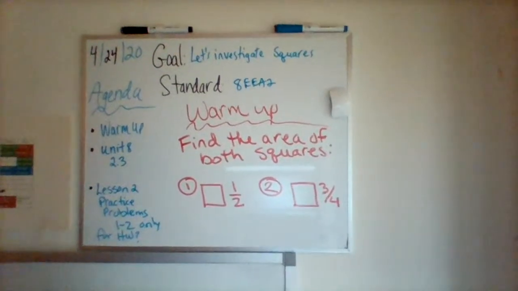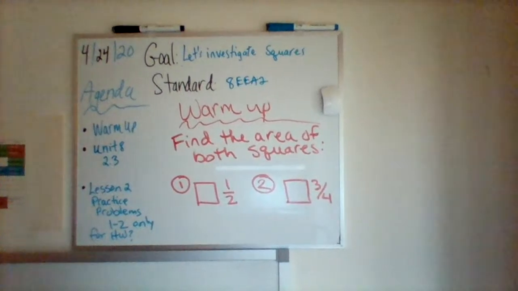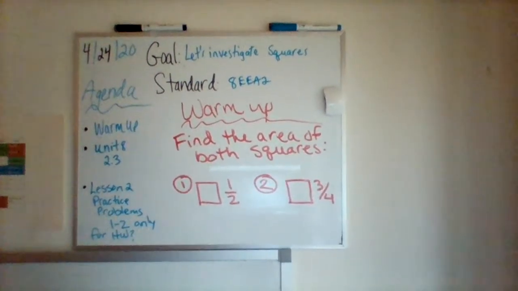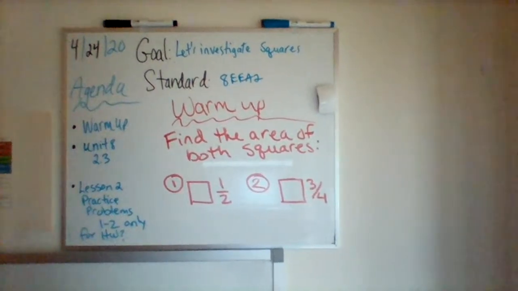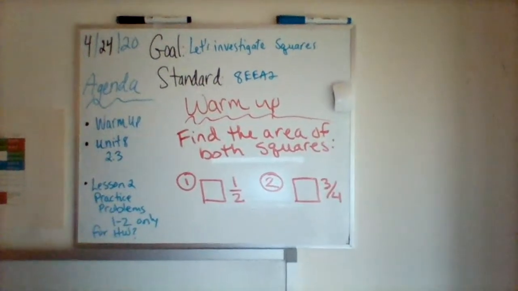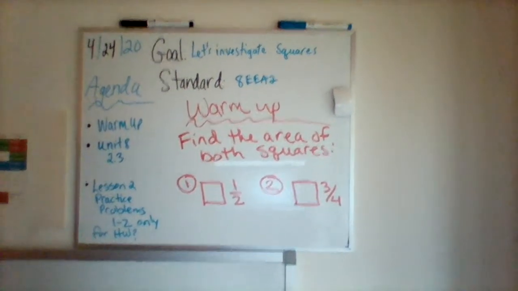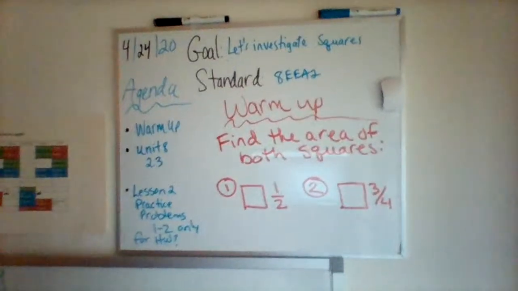It says since both sides will equal a half, all I did was multiply a half by a half and I got a quarter. Okay. In your explanation, tell us why each side is a half. And then if someone could help us out with number 2, that would be great. Because Thais took away number 1. I need to hear if you guys agree with her or if you disagree with anything.